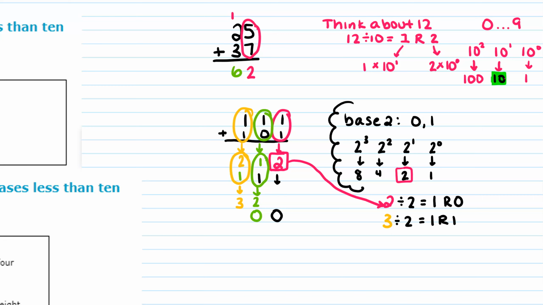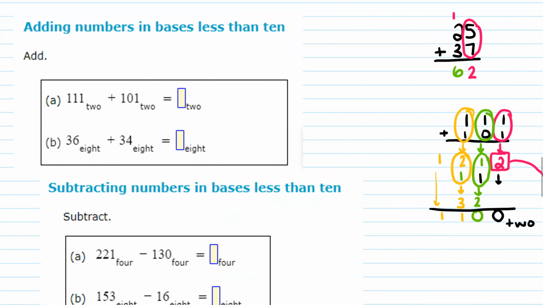So I'm going to write 1 here, and then 1 over here. Now there's nothing to carry, or nothing to add to, so that guy just comes down and is 1. So when I add these together, I get 1, 1, 0, 0 in base 2.